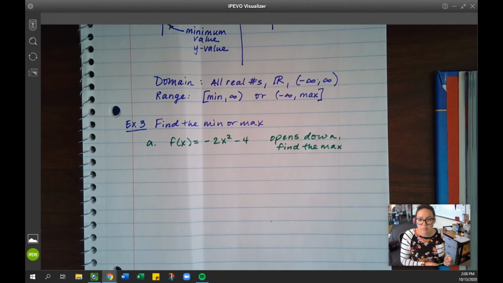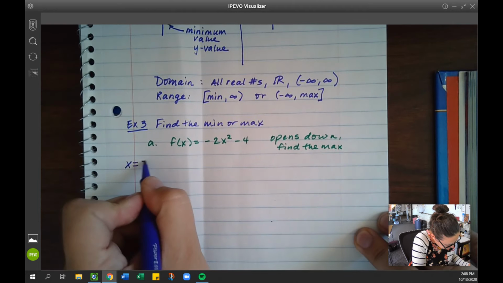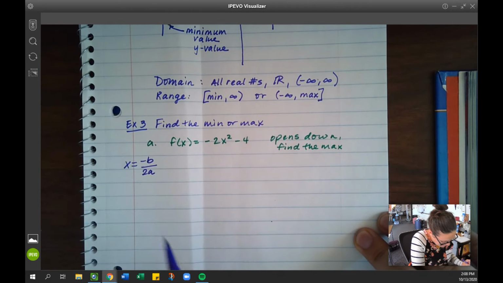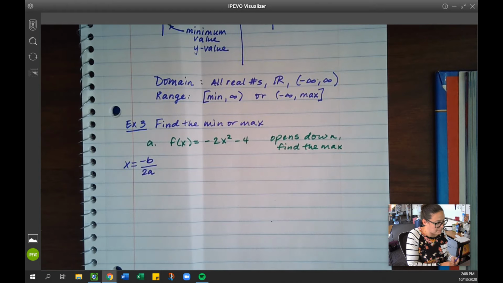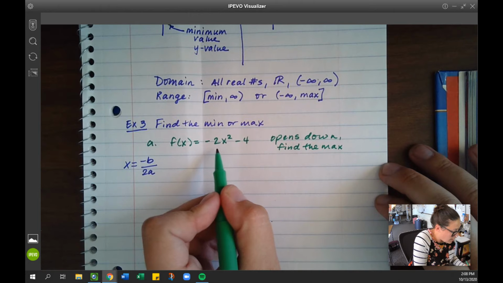The maximum point, the maximum value is going to be at the vertex, the y value of the vertex. So that means we have to find the vertex, okay? And remember, our vertex formula is negative b over 2a. Now, what are a and b?